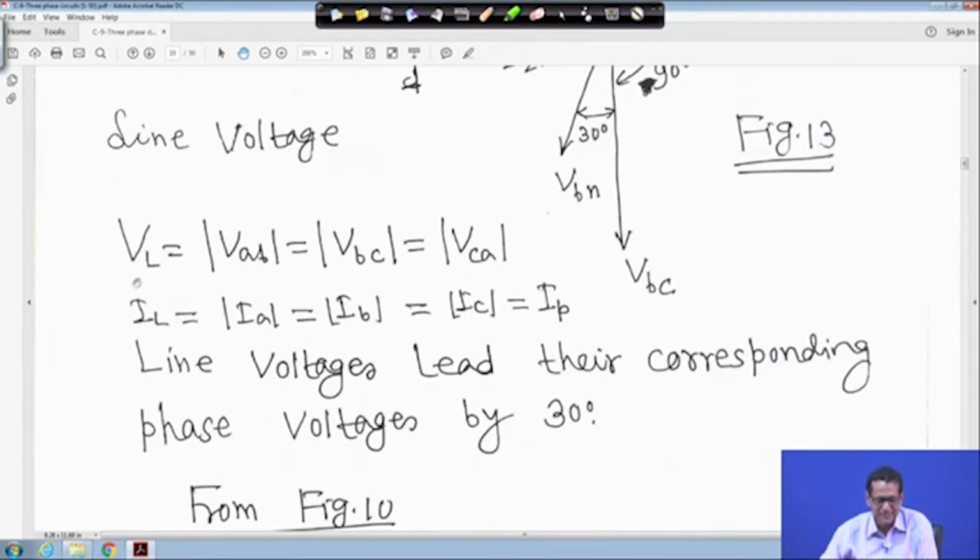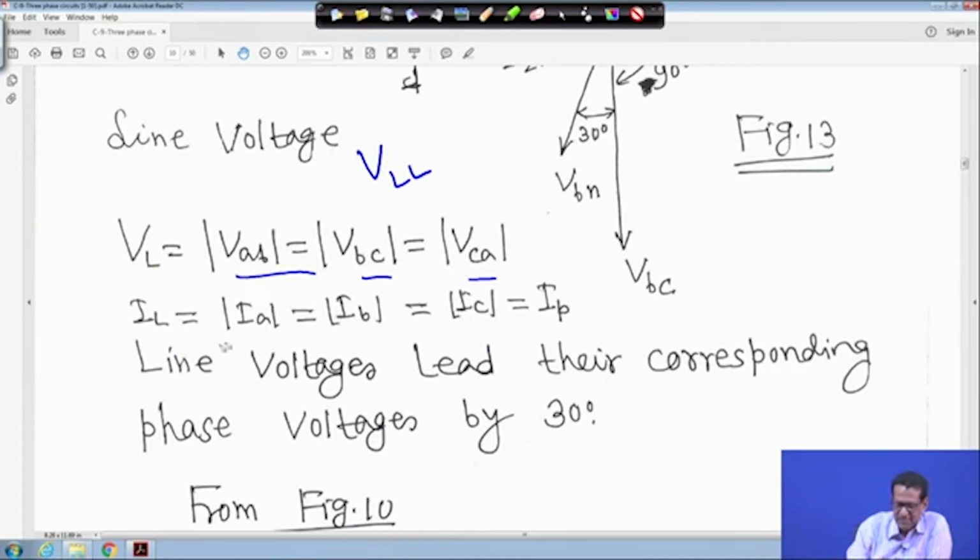Sometimes we write VL for line to line voltage. Some books may write VLL. It is correct, right? But here we have made VL equal to the magnitude of VAB, magnitude of VBC, all the same. The magnitudes are the same, it is balanced.